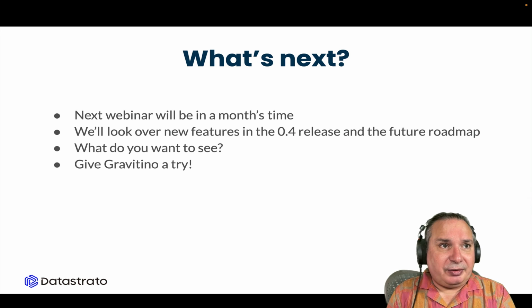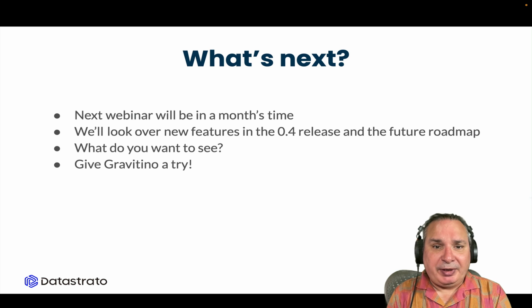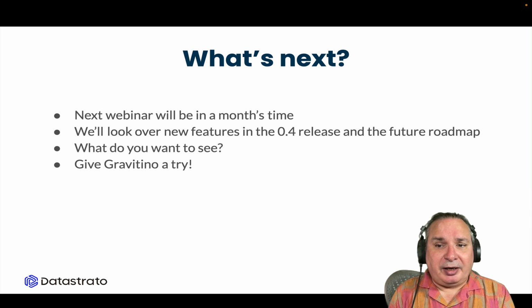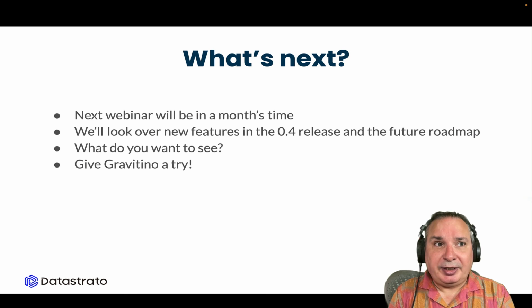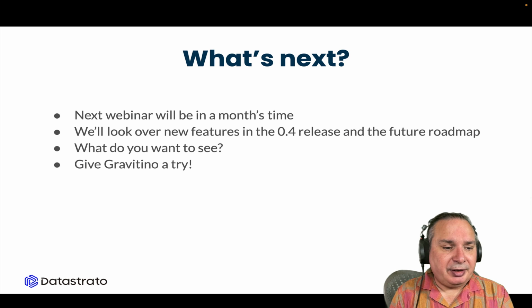So what's next? We're going to have another webinar probably in a month's time. Just depends on demand. And in that webinar, we're going to have a look at what the new features were in the 4.0 release. We just released 4.0 yesterday, and we'll also have a look in a bit more detail at the future roadmap of where we think the project will grow and progress.